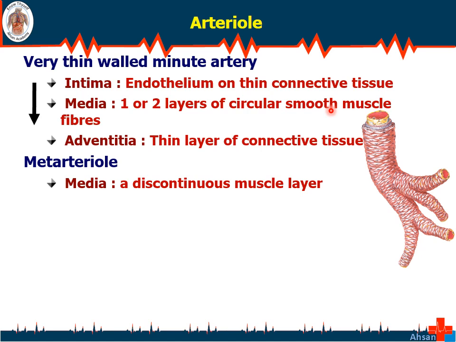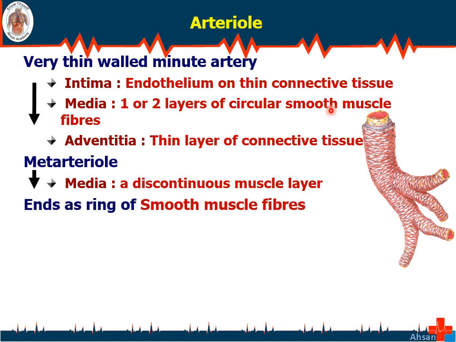So a discontinuous single layer of smooth muscle remains in the arterial wall. At the end, this smooth muscle makes a continuous single ring. This is known as the pre-capillary sphincter, because pre means before, as the capillary starts after that.